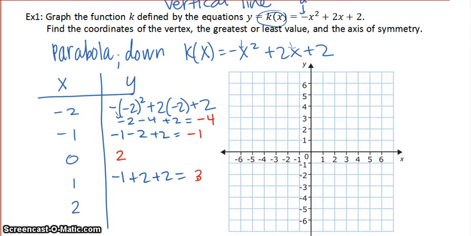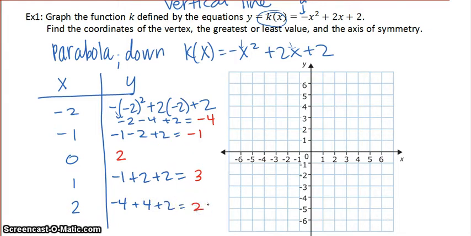Now 2 squared is 4. Make it negative, so that's going to be a -4. 2 times a positive 2 is 4 plus 2, so that's going to give me 2.